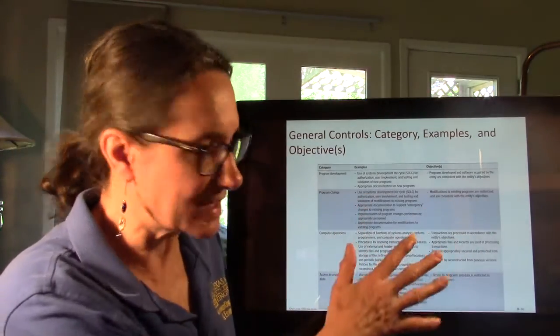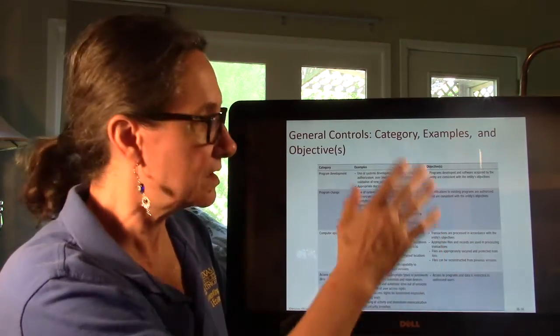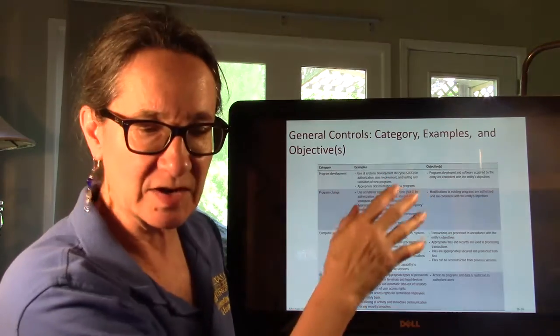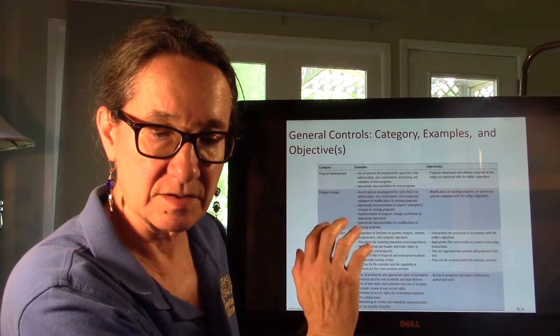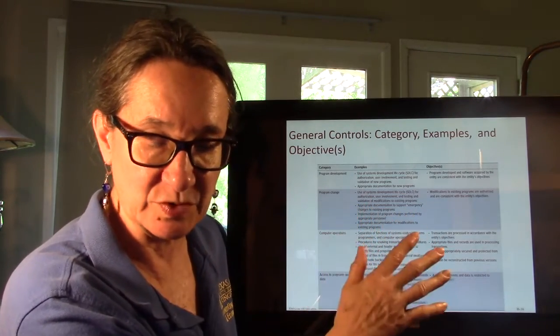So here's some examples of general controls. The point being, there are going to be controls like using appropriate documentation, making sure that there's segregation of duties, making sure people use passwords.